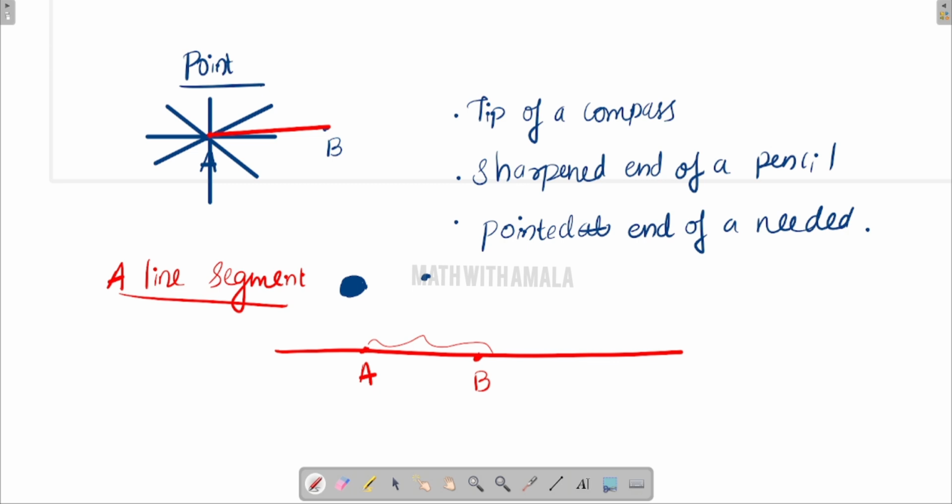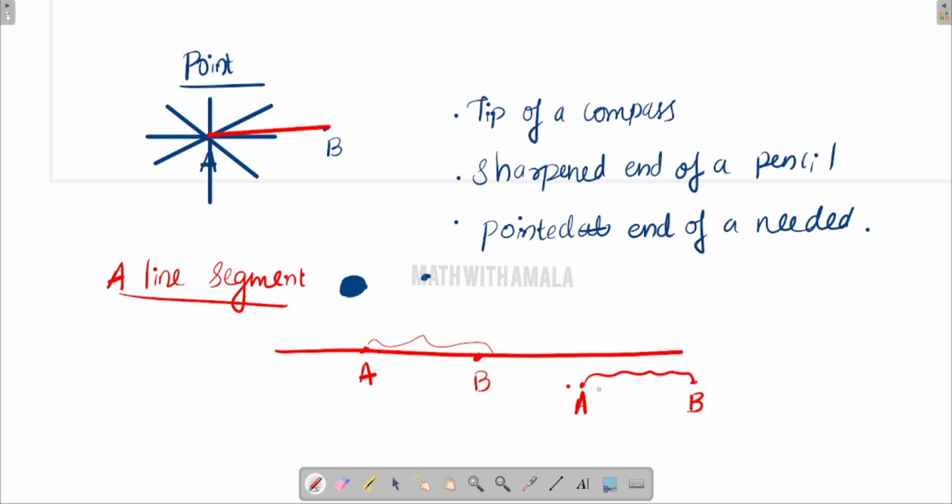Now, this line segment is actually denoted with a straight line. Let us have 2 points A and B, where B is marked some little distance from A, and from A to B we can reach in different ways.